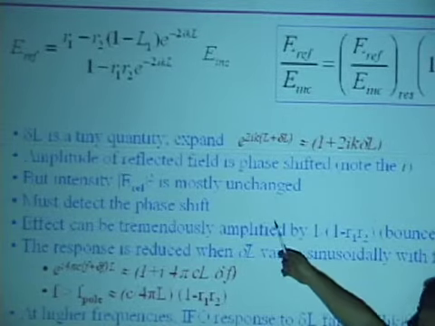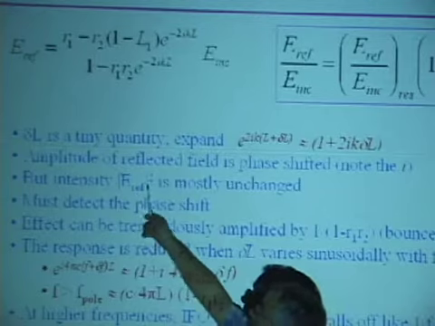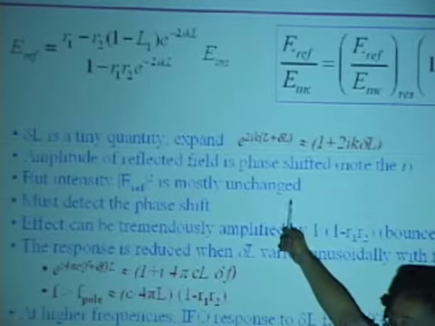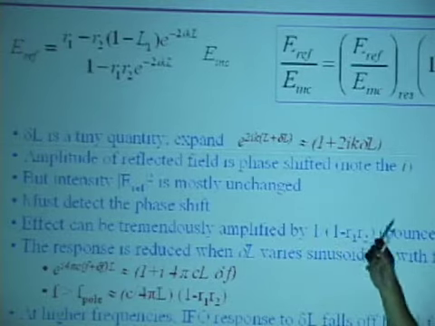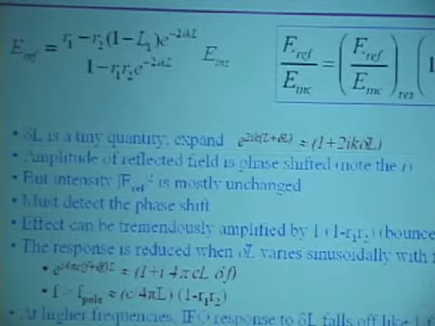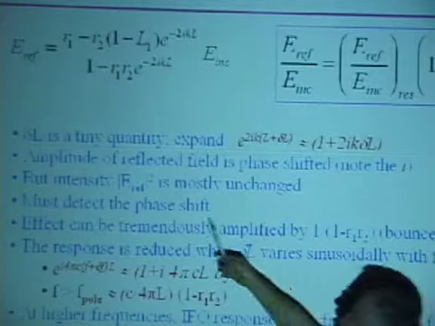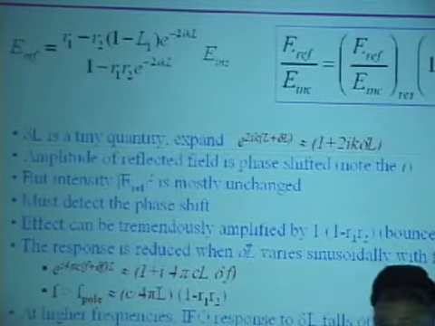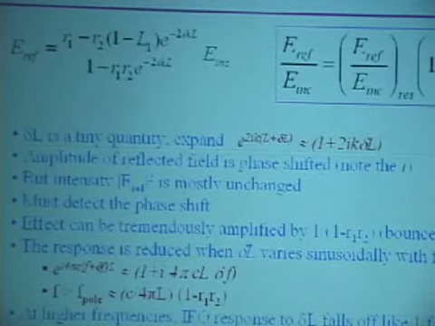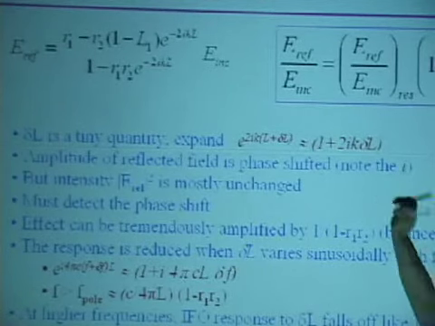The intensity, the reflected light magnitude squared, is mostly unchanged. And it goes like this delta L squared. And if delta L is tiny, then there's almost no change in the magnitude or intensity of the reflected light. It's the phase shift that has the information about the change in the length. So that's what we want to measure.